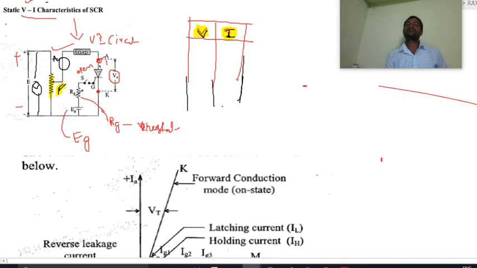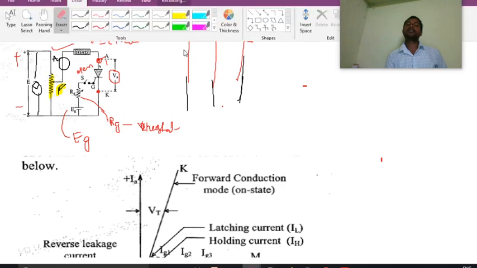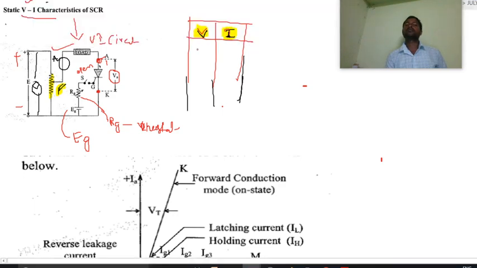Now, if you apply a variable voltage, increasing it to 10 volts, 15 volts and so on, the basic thing we know is that the SCR has three junctions, J1, J2 and J3.